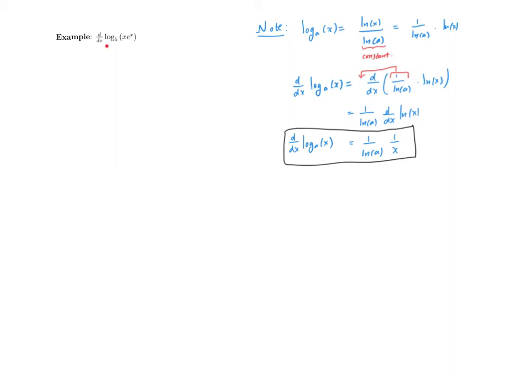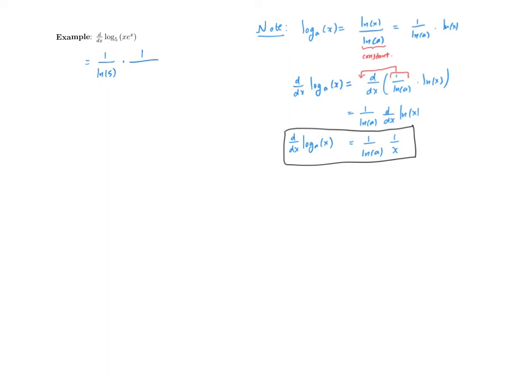The derivative of log base 5 of x e to the x. So in order to differentiate, we will need the chain rule, right? We have an outside function, log base 5, an inside function, x e to the x. So using our new formula, the derivative of log base 5 of x is 1 over natural log of 5 times 1 over x.